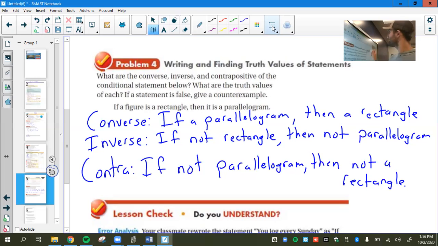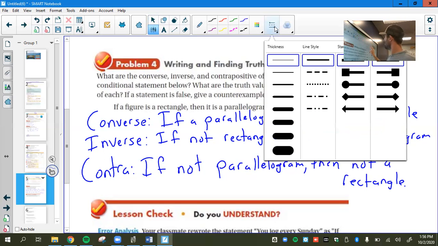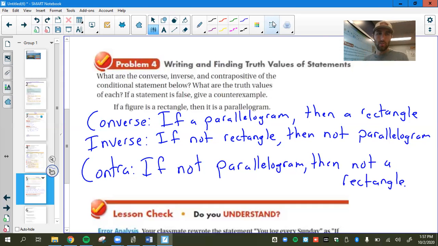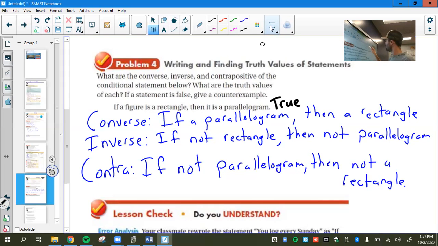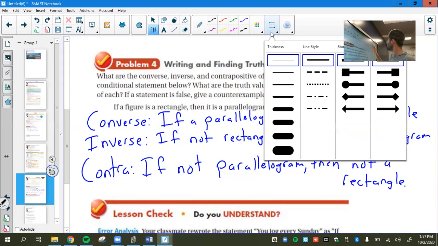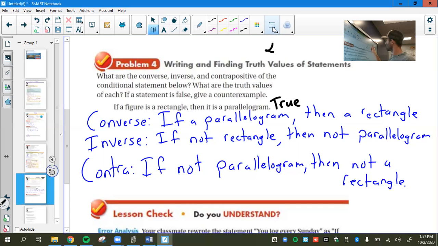All right, so our original statement, if a figure is a rectangle, then it is a parallelogram. That's true. I'm going to try a different color.